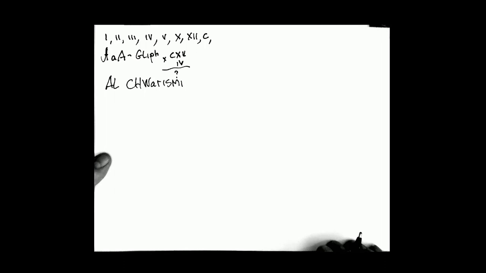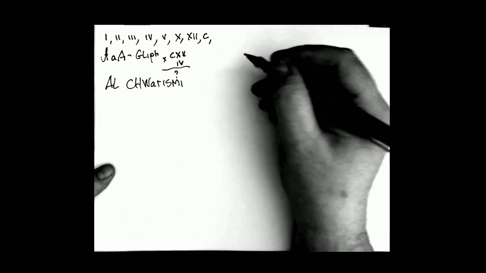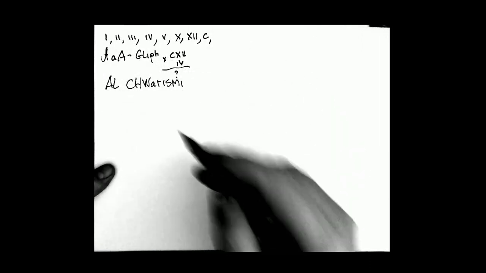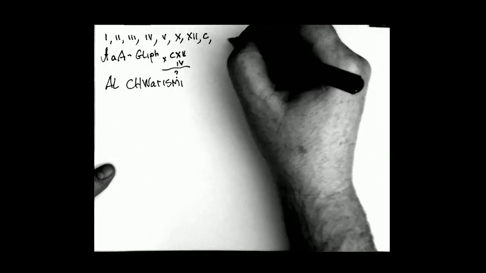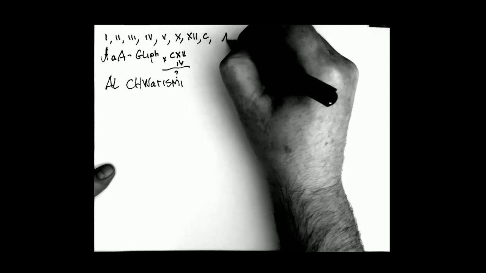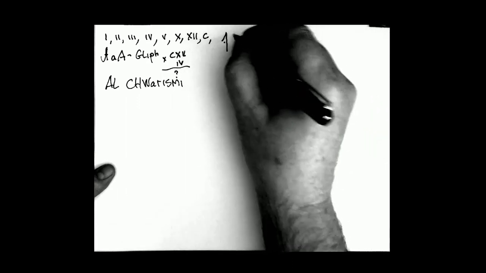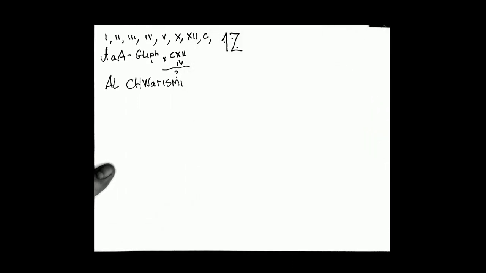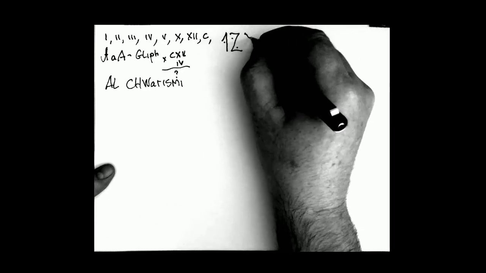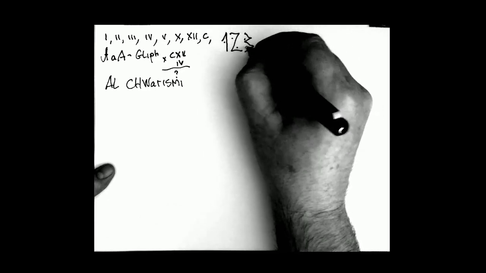India was very good in mathematics, much better than Europe at this time. When he came to India, he was surprised that Indian people used a different way to record numbers. They use geometry. 1, because the angle is only 1. 2, 2 sharp angles. 3, you can see 1, 2, 3.